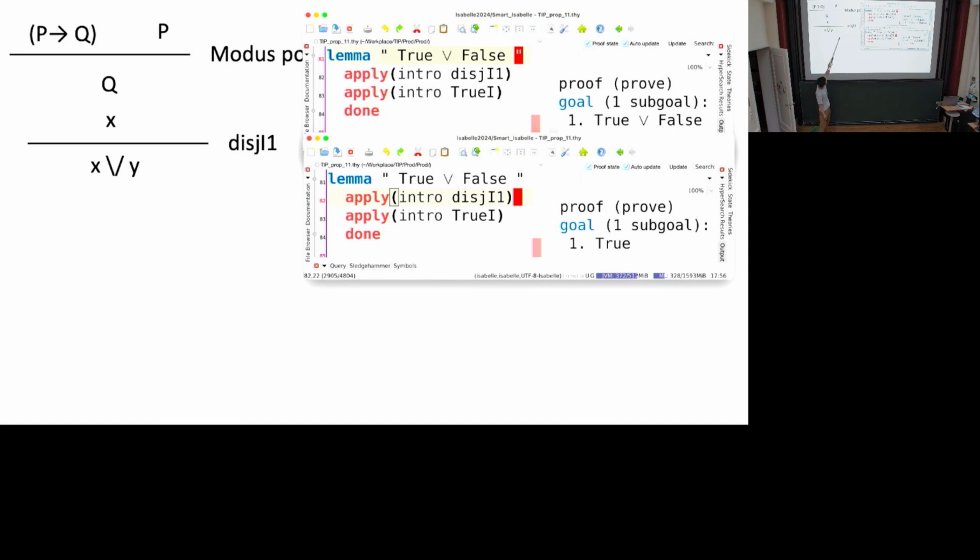This is the disjunction introduction rule 1. It says, if we know x, we know that x or y. Not surprising, right? We applied the introduction tactic, and we pass disjunction introduction 1 as an argument.